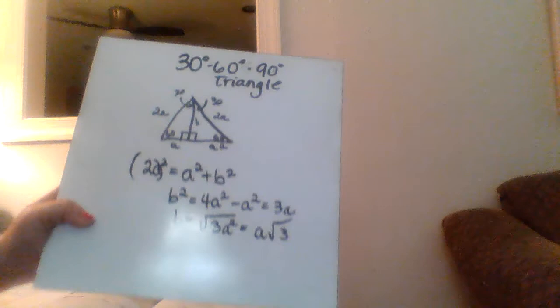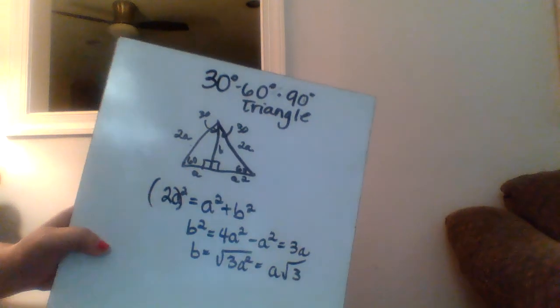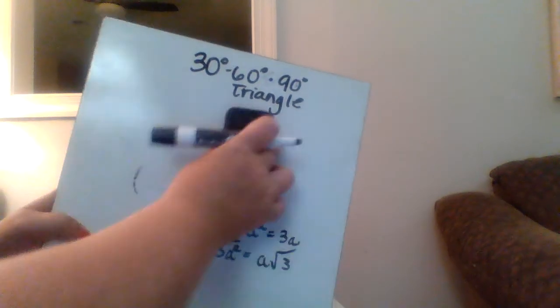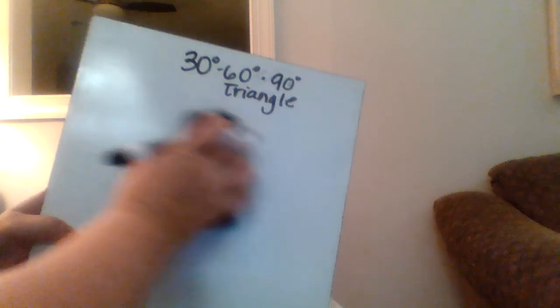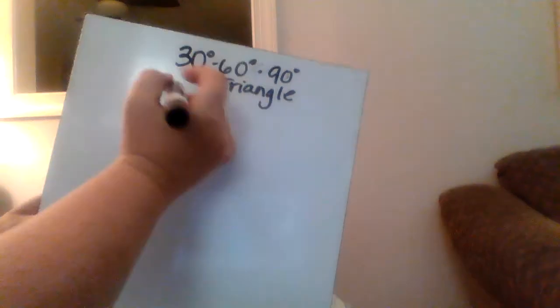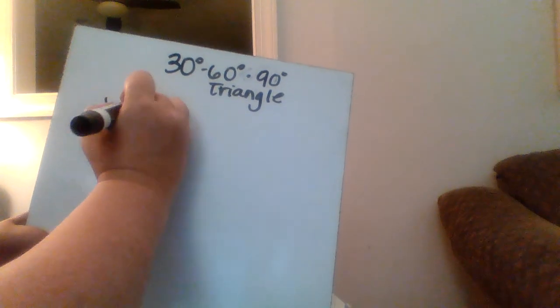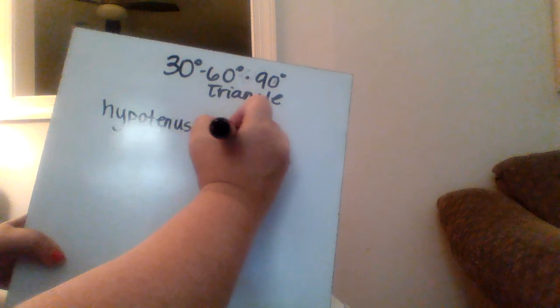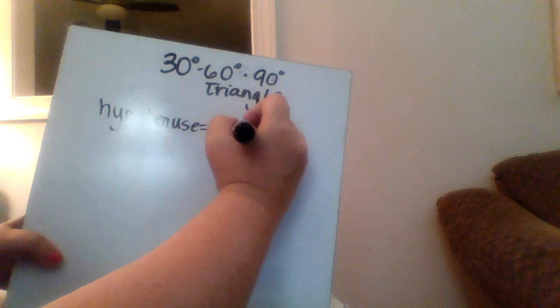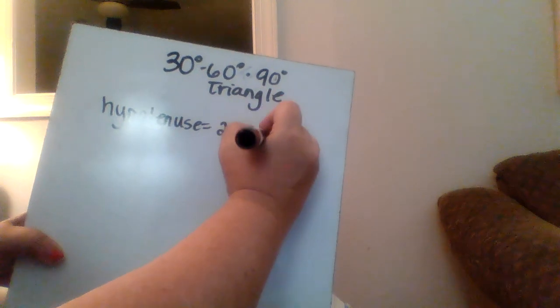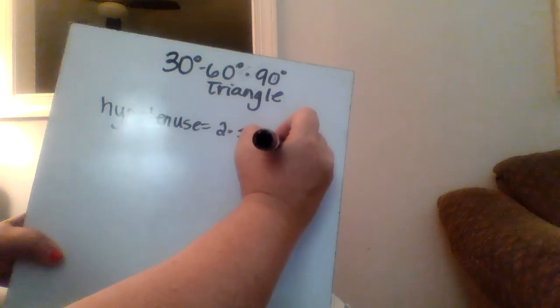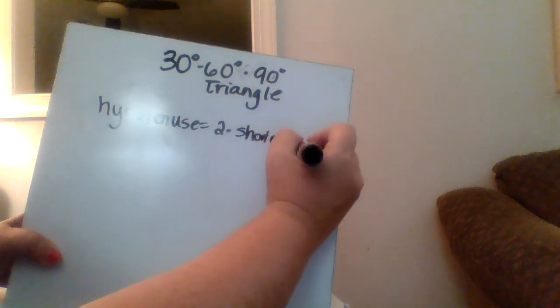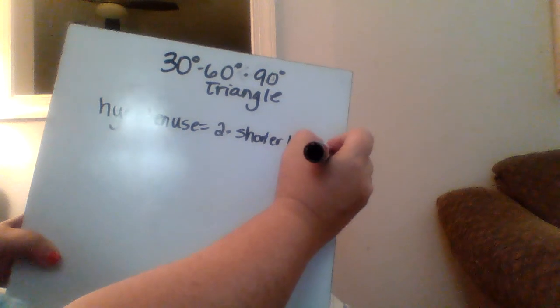Okay, so if we write this algebraically for a 30, 60, 90 triangle, our hypotenuse, or our side that's opposite the 90 degree angle, is going to be equal to 2 times the shorter leg, which is equal to 2a.